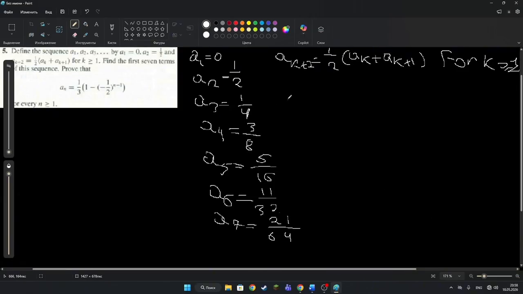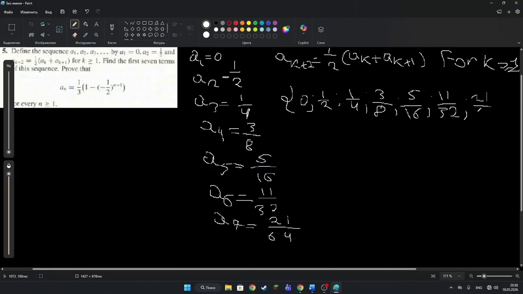So we have something like that. We have 0, we have 1 divided by 2, we have 1 divided by 4, we have 3 divided by 8, we have 5 divided by 16, and 11 divided by 32, and 21 divided by 64.